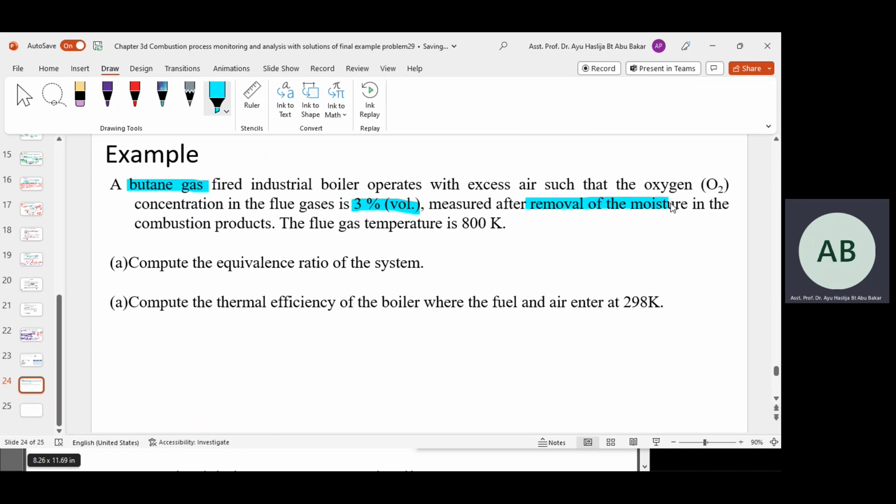After removal of the moisture, again it is 3% on a dry basis. The flue gas temperature is 800 degrees C. We try to compute the equivalence ratio and also the thermal efficiency. Similar steps as the previous. Butane is what? C4H10.